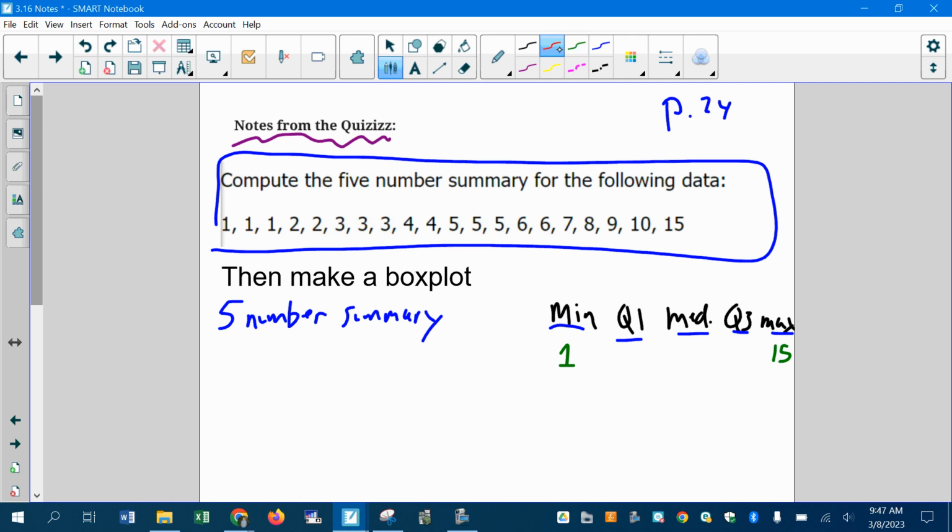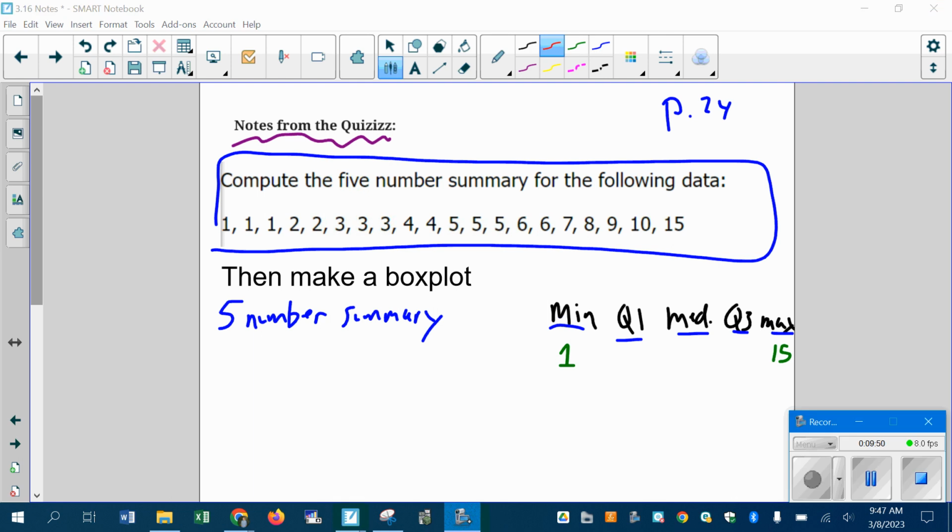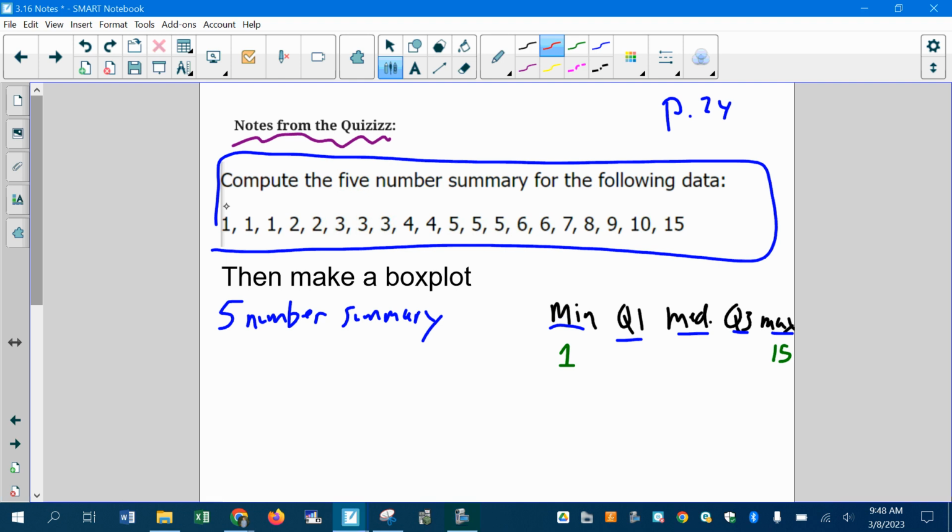Next, we're going to find the median. The median is the one in the middle. Now, the nice part about this data set is it's all lined up already. So it's in order. So to find the one in the middle, we're kind of just going to check off side to side, like boom, boom, boom, boom, boom, boom. We're going to work our way towards the middle.